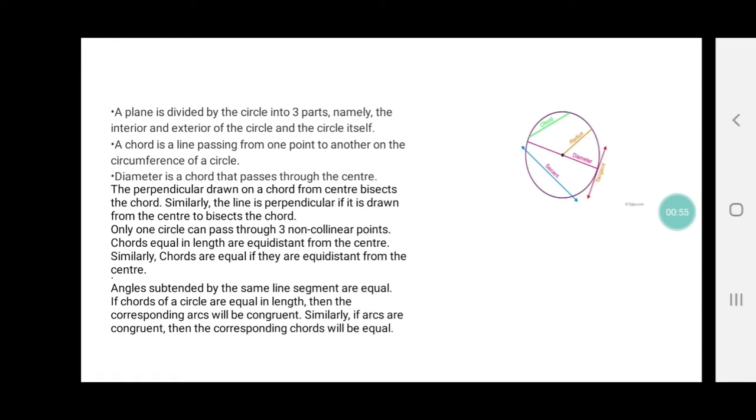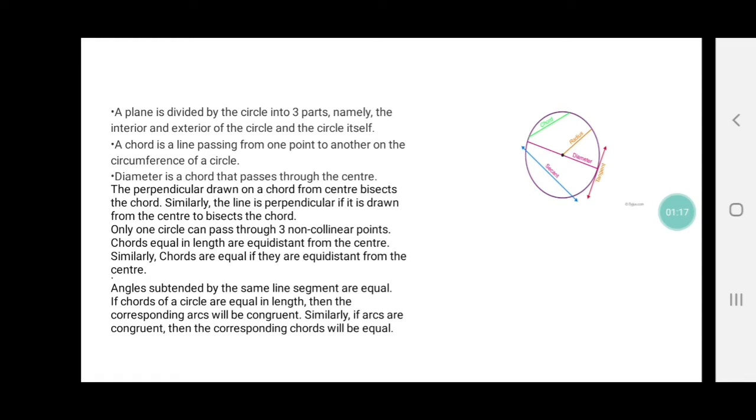What is a chord? A chord is a line passing from one point to another point on the circumference of the circle. Diameter is a chord that passes through the center.